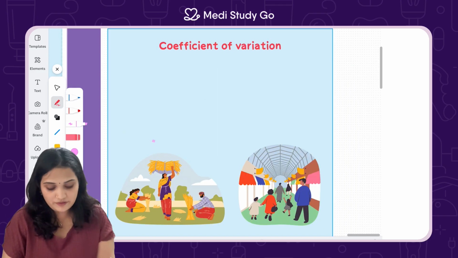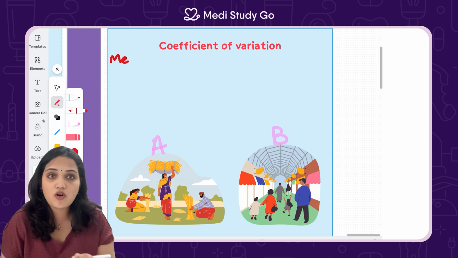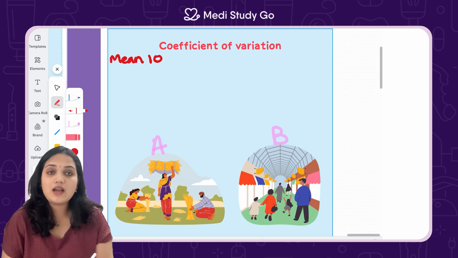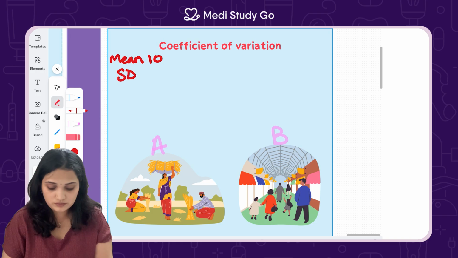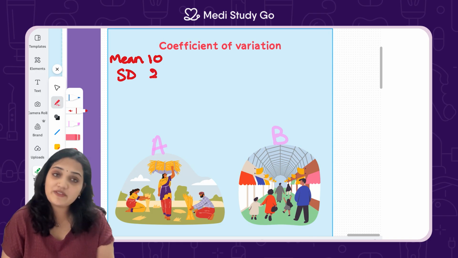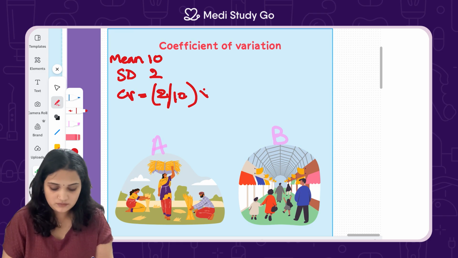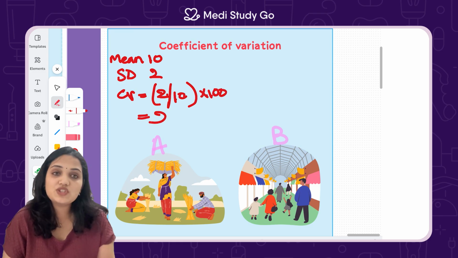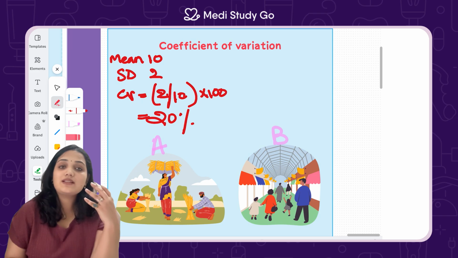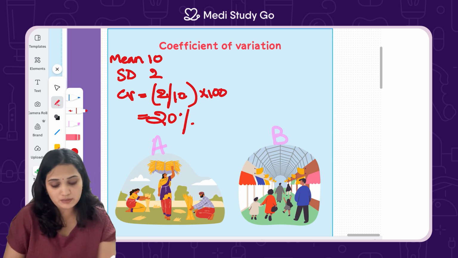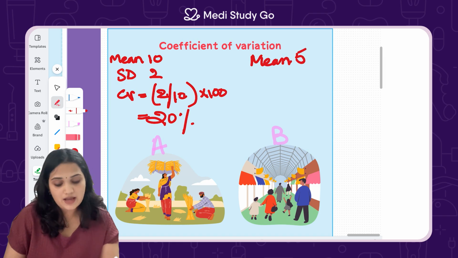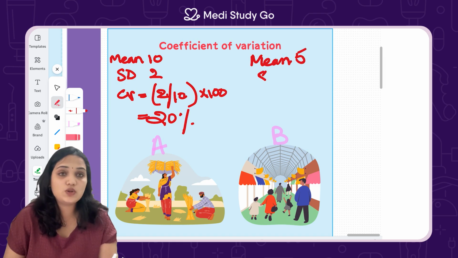So for example, if group A had the mean of 10 and say a standard deviation of 2, your coefficient of variation would be 2 divided by 10 into 100, which gives us 20%. Now let's say group B has a mean of 5 for their data and a standard deviation of say 2.